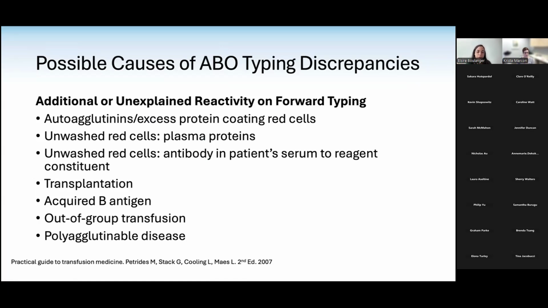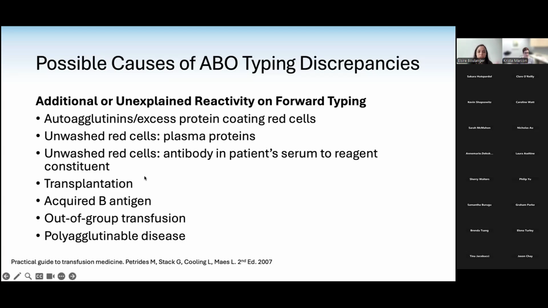Sometimes we just have to repeat the test with another reagent, because maybe it's a problem with the reagent, and then we try a second brand, because it would be very unlikely that the second brand will have the same substance that is provoking this reaction.